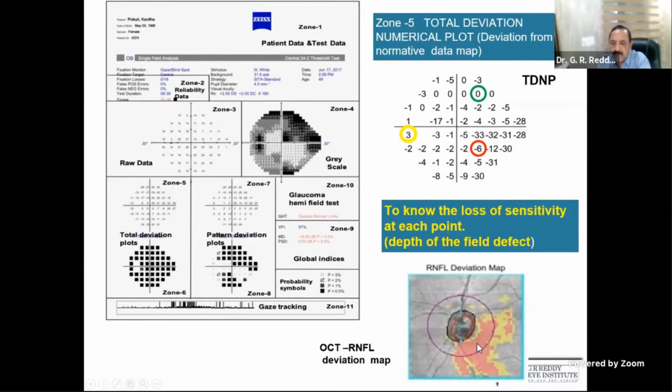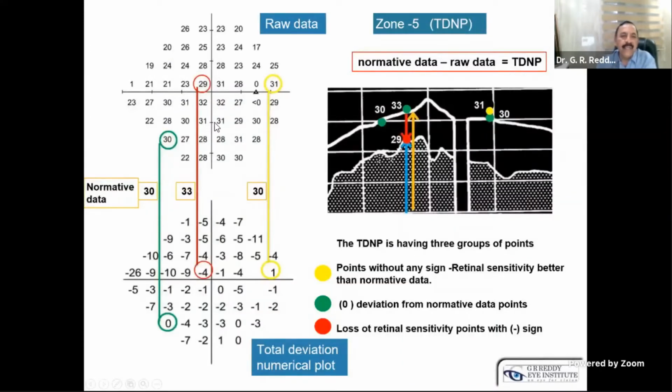The red is more deviation and the yellow gives the lesser deviation. It gives the loss of retinal sensitivity at each point. This is the measured retinal sensitivity, compared with the normative data, and the normative data minus raw data gives the total deviation numerical plot.